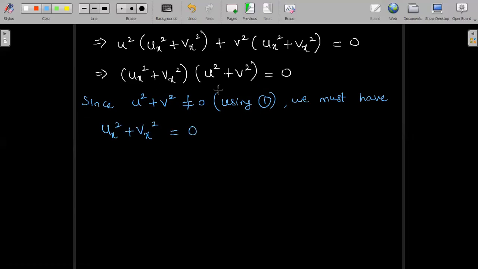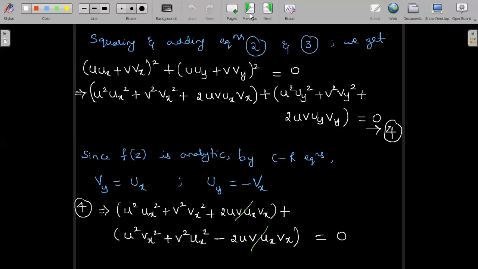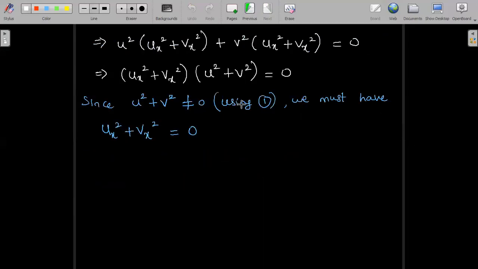The product is equal to 0 means one of them should be obviously equated to 0. We already know from the given data that u square plus v square is c square, which is not equal to 0 value. And that is the reason we must have ux square plus vx square equated to 0. And let me call this equation 5.